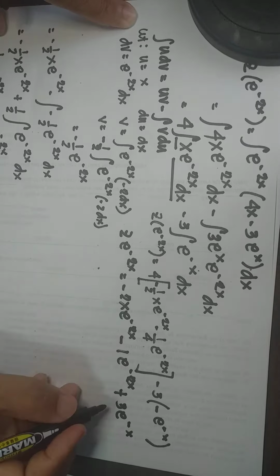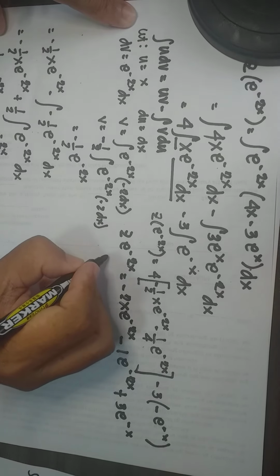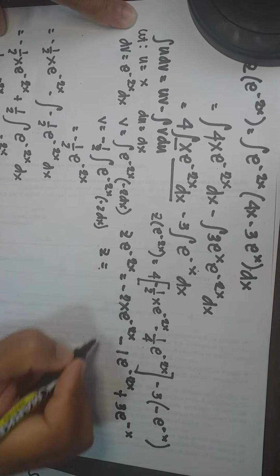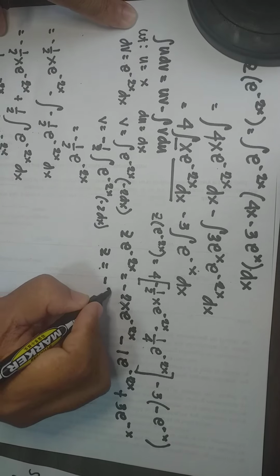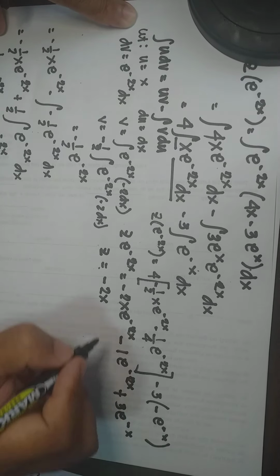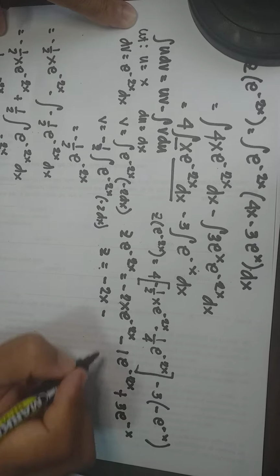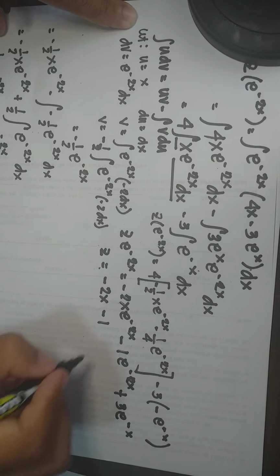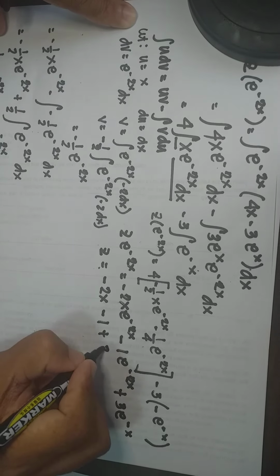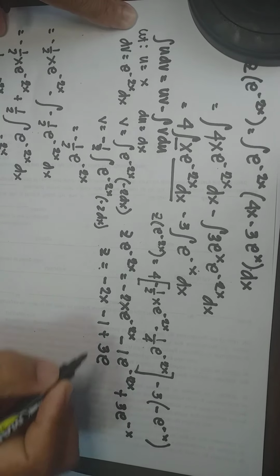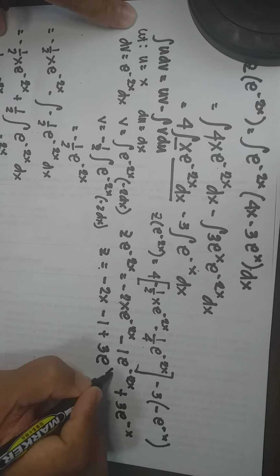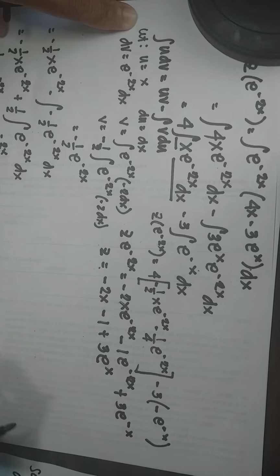Dividing everything by e to the negative 2x, we have z is equal to negative 2x minus 1 plus 3e to the x positive. That is the value of z.